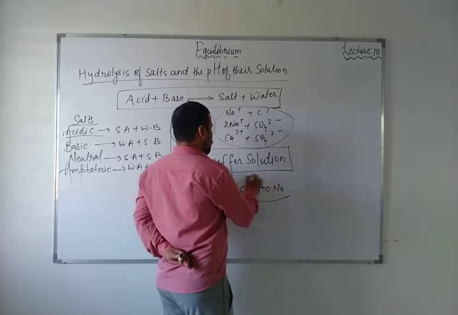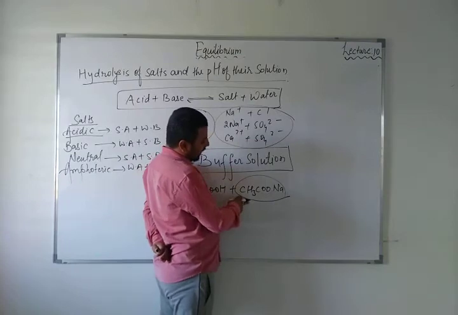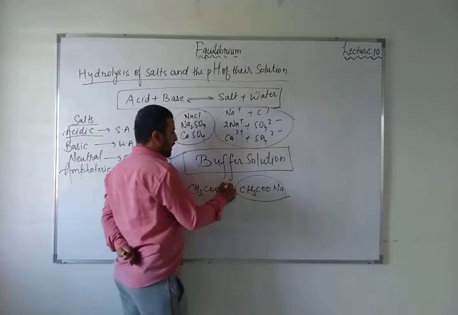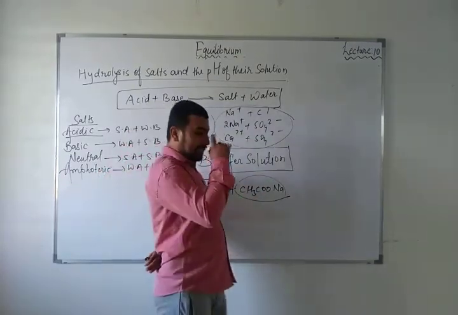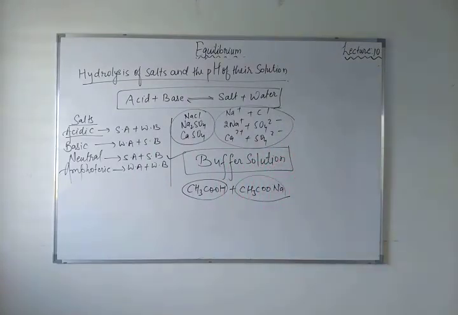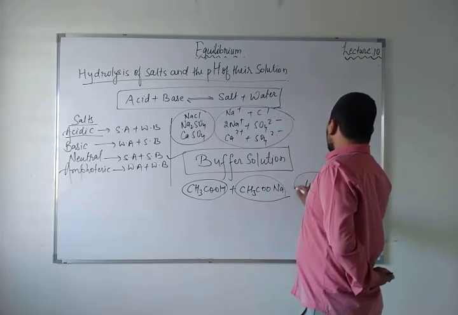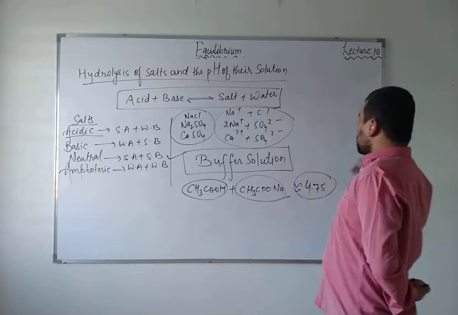Initially it was only acetic acid, but in the salt it has been changed to sodium acetate, and this is acetic acid. When you mix both, this acid and this acetate, the mixture will act as a buffer solution whose pH value will be around 4.75. Means it is acidic only, but it will be around 4.75.